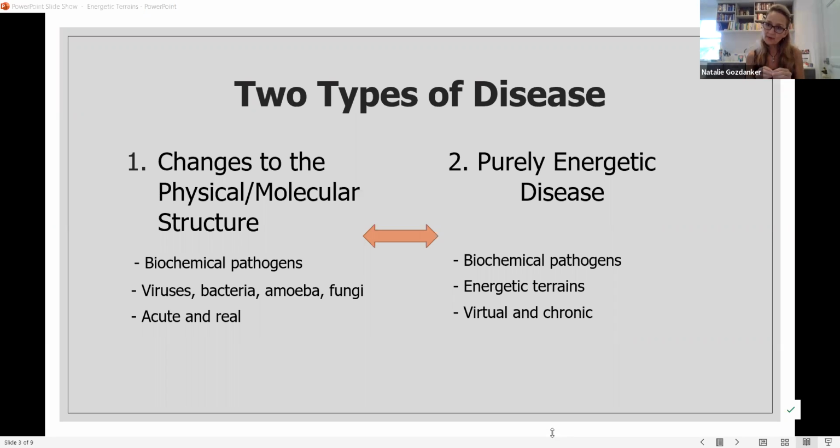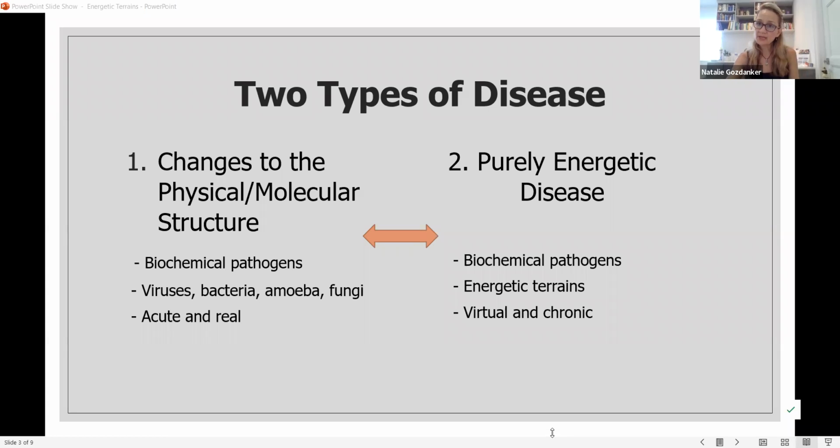And usually this type of disease is acute, when you develop acute symptoms of a rise in temperature, some sort of cough, a runny nose, all those symptoms of the actual flu, right? And the symptoms are very real. So we can observe that the patient actually has a disease.